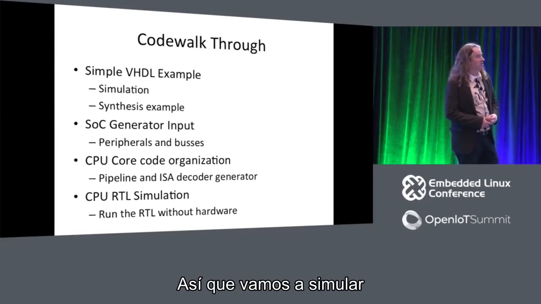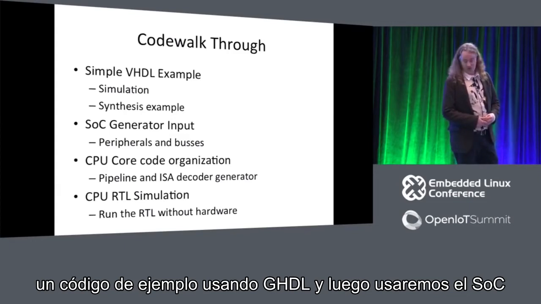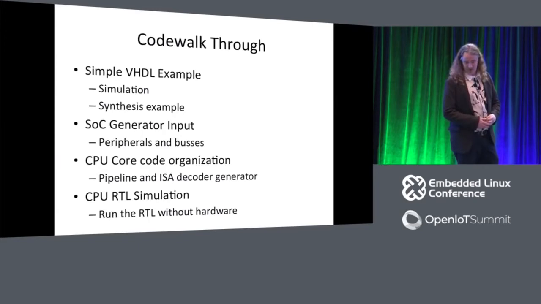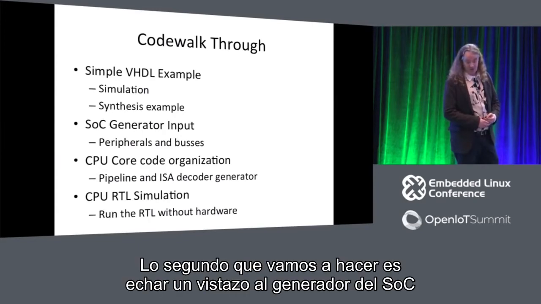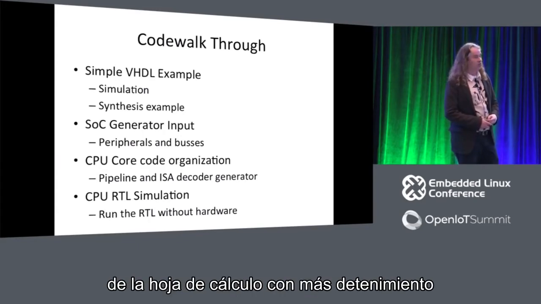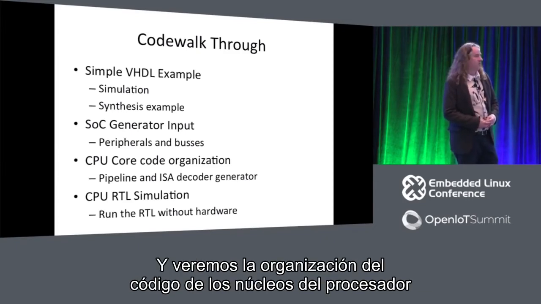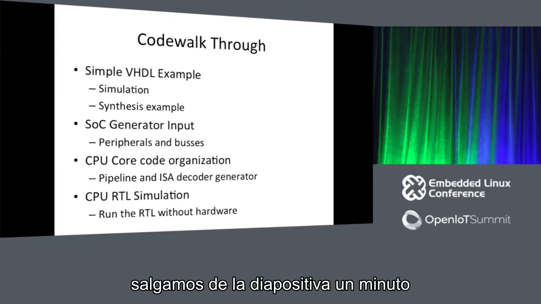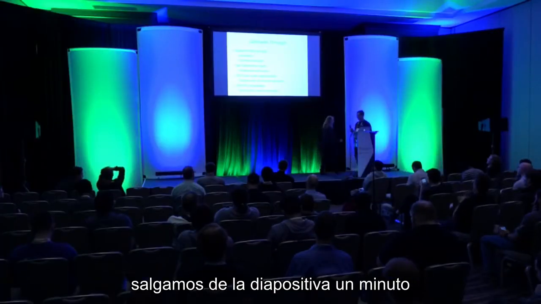We'll simulate a code example using GHDL, and then we use Yosys, and we'll put it on an ICE40. Then the second thing we'll do is have a look at the SoC generator input spreadsheet a little bit more carefully, and look at the CPU core's code organization, and then we'll run a simulation of the RTL. So maybe we'll bounce out of the slides here for a minute.